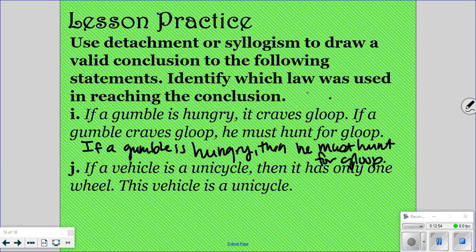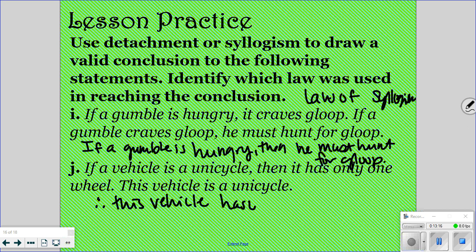And this was using the law of syllogism. If a vehicle is a unicycle, then it has only 1 wheel. This vehicle is a unicycle. Therefore, this vehicle has only 1 wheel. And that would be using the law of detachment.